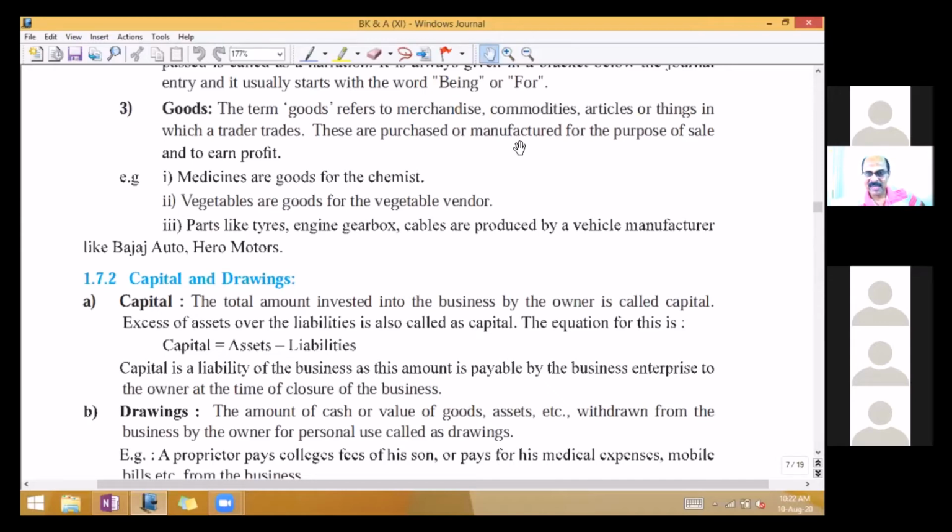Now we have liabilities. Now, what are liabilities? Another word that we are going to use. Anybody wants to make a try? What is a liability? Okay. Students, any money payable by you to others is your liability. Any amount that you have to pay.